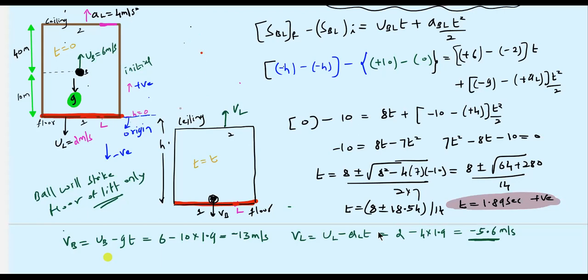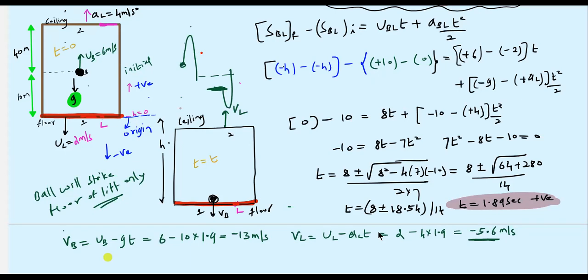I think the motion will be very complex. The motion of the ball will be something like this. And whatever the floor of the lift, I'll compare the motion of the floor of the lift. It'll be like this, and the floor of the lift will be of something.